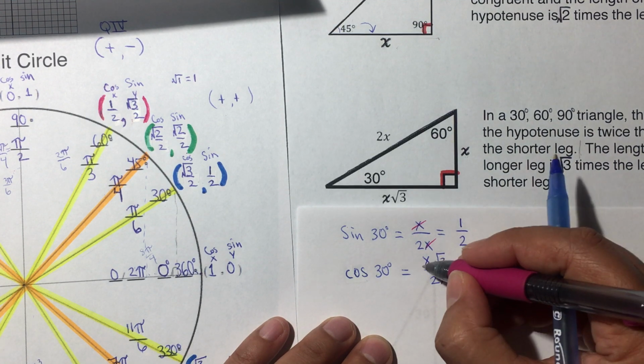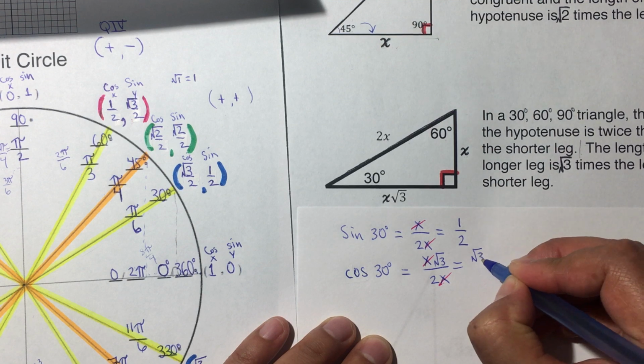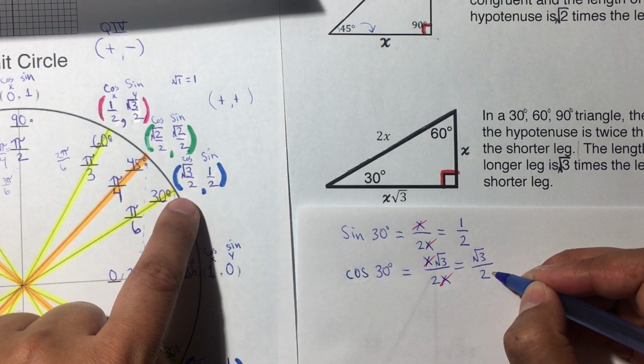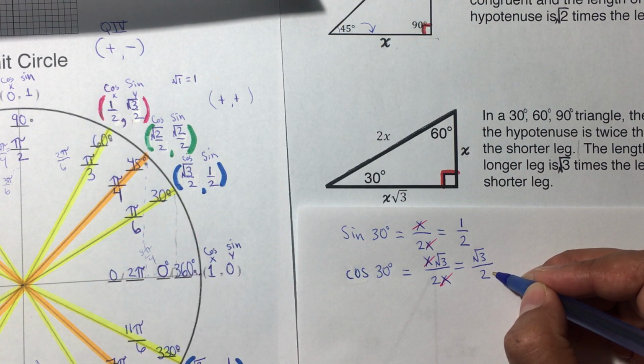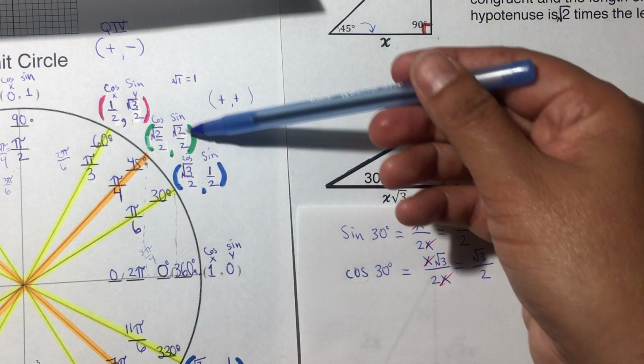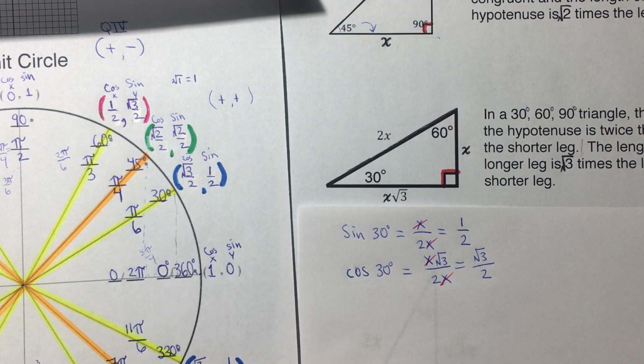In here, the x cancels, and you are left with square root of 3 over 2. So that's the cosine of a 30-degree angle. That's where it comes from. Again, once we have the unit circle, we're just going to use the unit circle, but I just wanted to show you how you get to it.